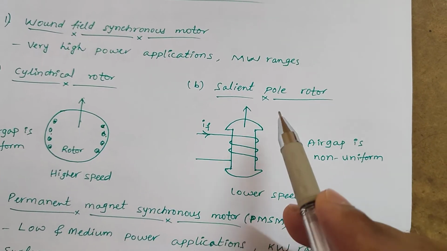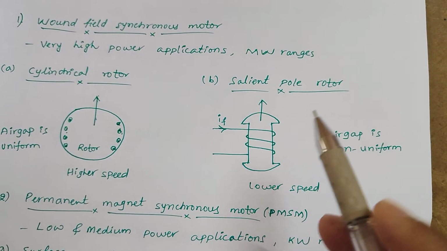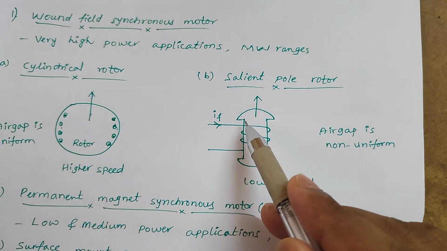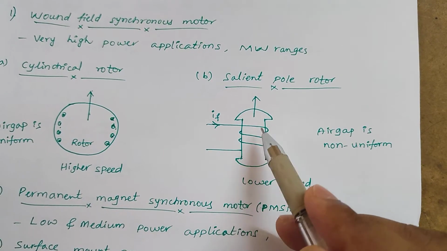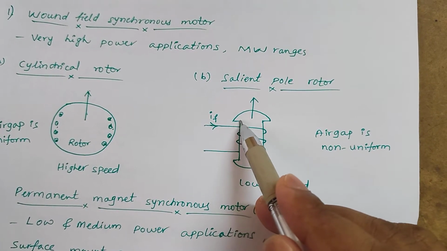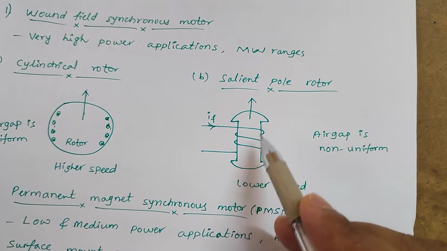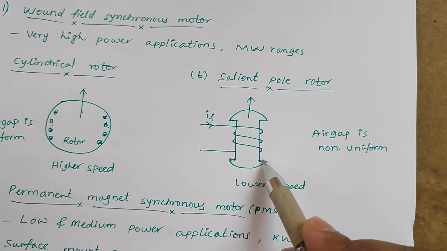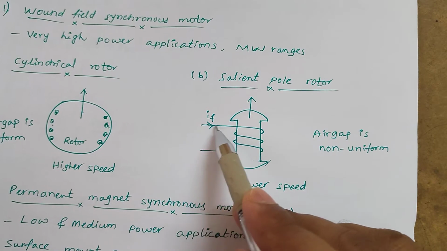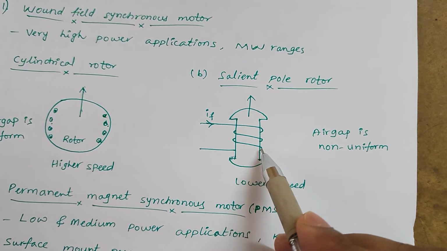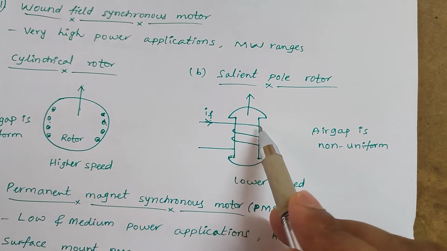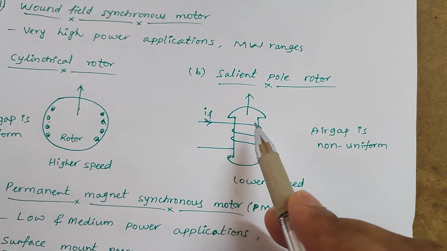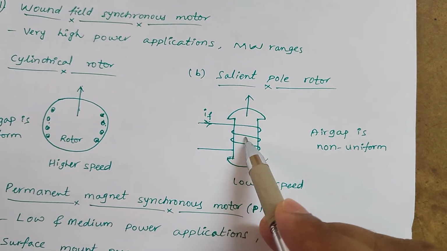And if we see the salient pole rotor type, the rotor is in a cylinder shape but projecting a little outside at both edges, and the winding is placed on the rotor. If current is flowing in the if direction, then the field will be in the upward direction here also.